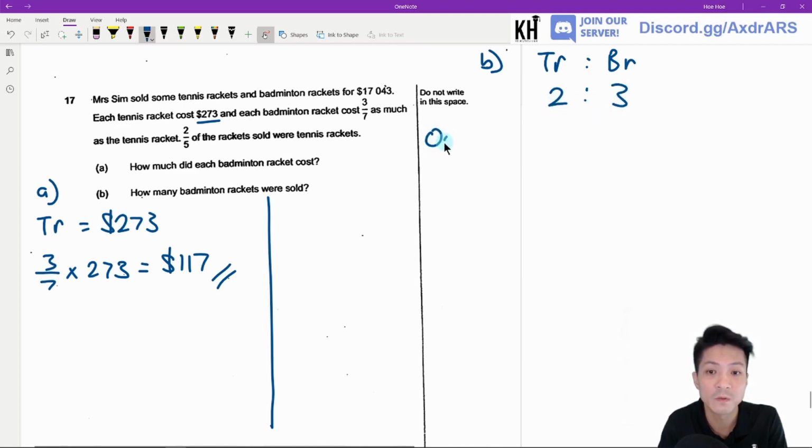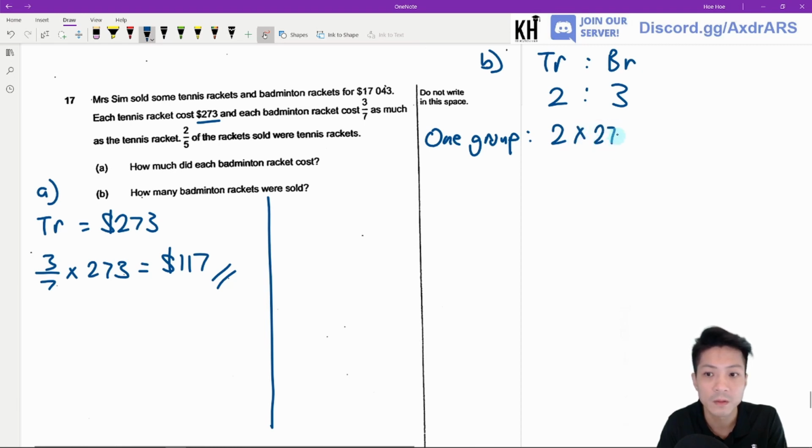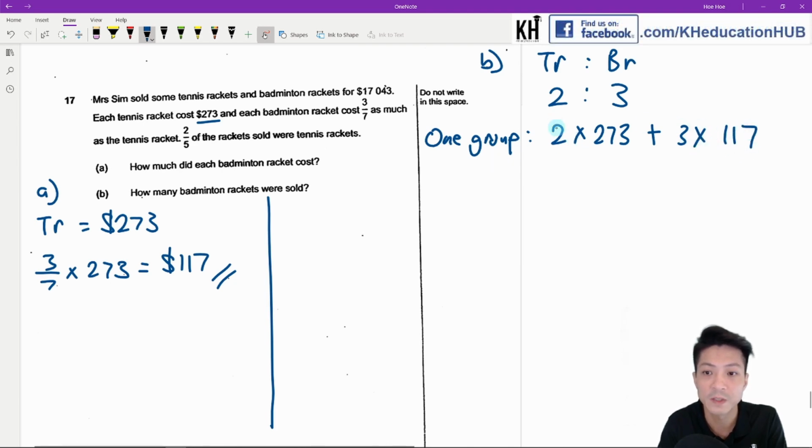So we're going to figure out how much one group is. Let's treat one group as exactly 2 tennis rackets and 3 badminton rackets. So we'll have to use 2 times 273 plus 3 times 117.